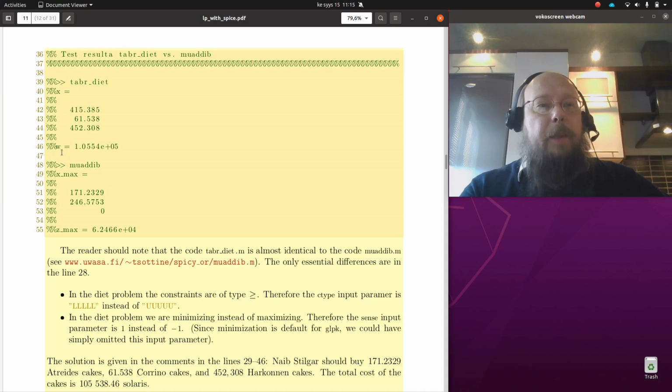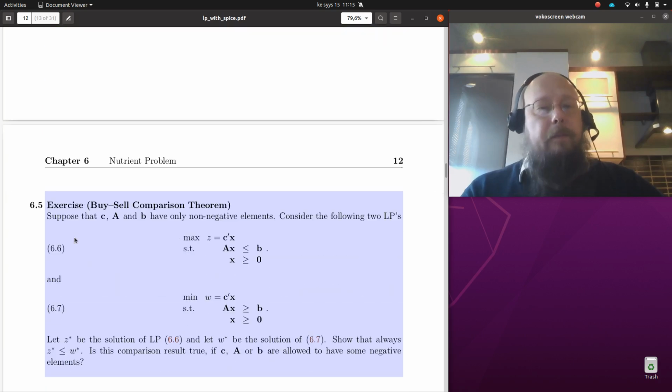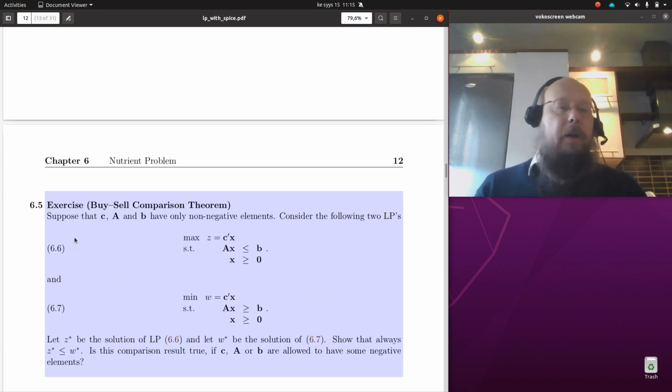So obviously this w here is bigger than the z max here. All right. So you have to argue, or if you want to be a mathematician, prove, it's basically the same thing, that this happens always.